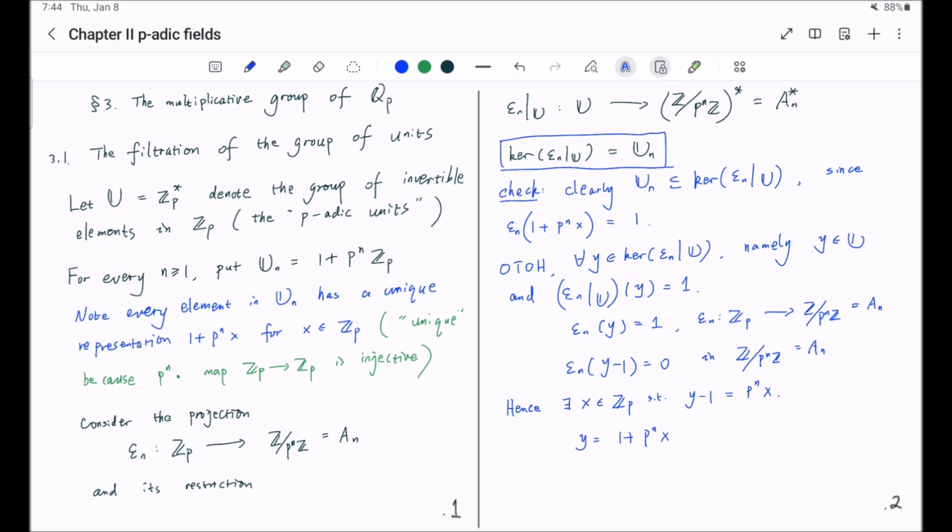And this part follows from our proposition number 1 in this chapter on page 11 of Serre's book, where we had the short exact sequence. So y minus 1 is in the kernel of this, and therefore must be an image of this. So there exists x in Z_p such that y minus 1 is equal to p to the power n times x.